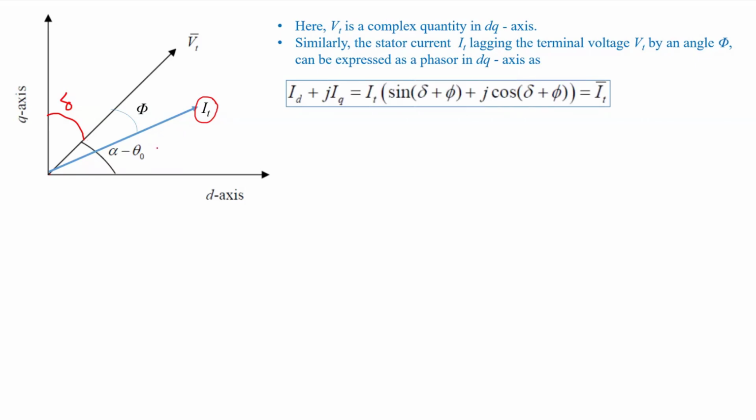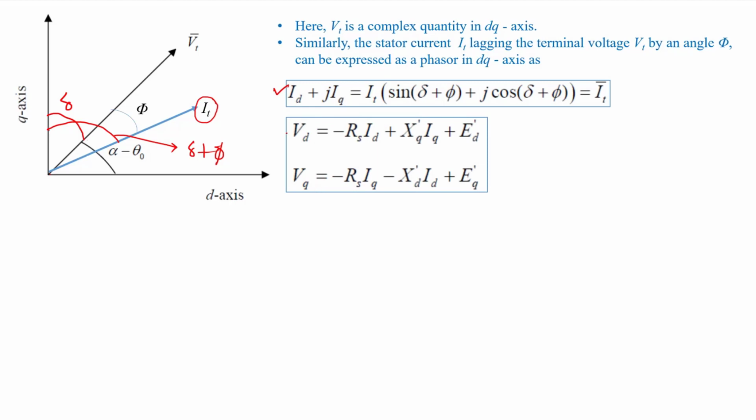Now if we represent the current in the dq axis, I can write Id plus jIq. The current is making an angle of delta plus phi, so I can write it as It sine delta plus phi plus j of cos delta plus phi, which is equal to It in complex form, Id plus jIq.